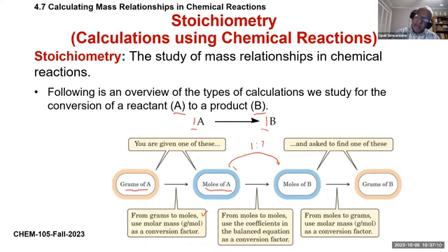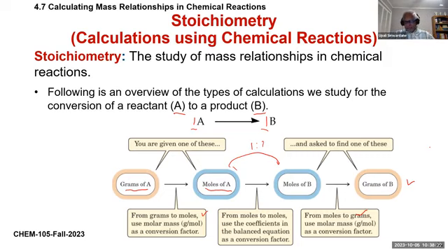Then normally we look into not moles, but grams of product. Moles of B multiplied by formula mass of B, get the grams of B. That's the complete stoichiometric calculation. You will be given a chemical equation and told how many grams of the formula on the reactant side is used in the chemical reaction.